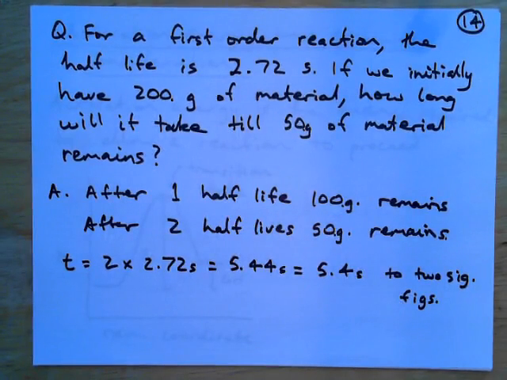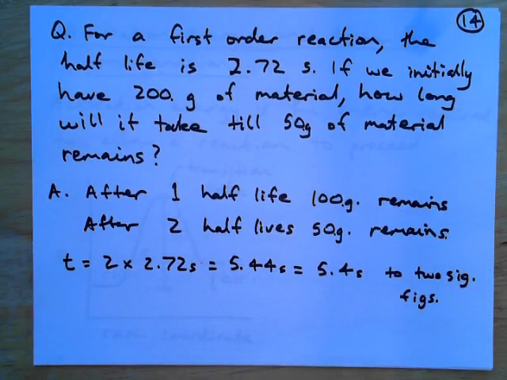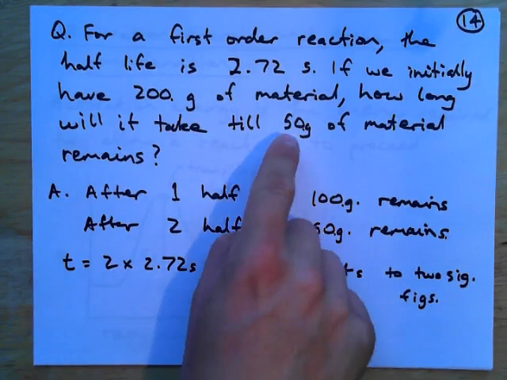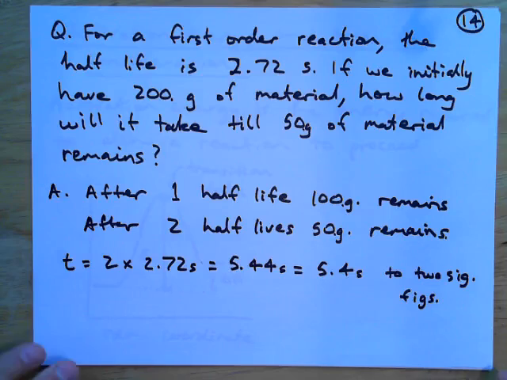After another half-life, that 100 grams will be reduced to 50. So we really have 2 half-lives happening. I multiply 2 by the half-life and get 5.44 seconds, so 5.4 seconds to 2 sig figs. That's the time required to get to 50 grams when starting from 200.